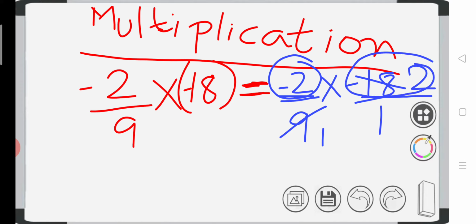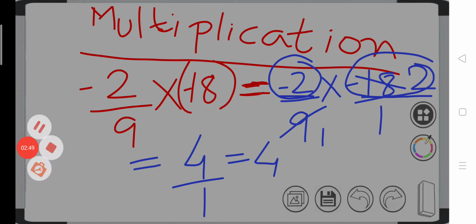You have learnt in integers how to multiply two negative integers. So minus 2 into minus 2 will be positive 4 and the denominator will be 1. You can write the denominator 1 or you can simply write it as 4. So the answer will be 4.